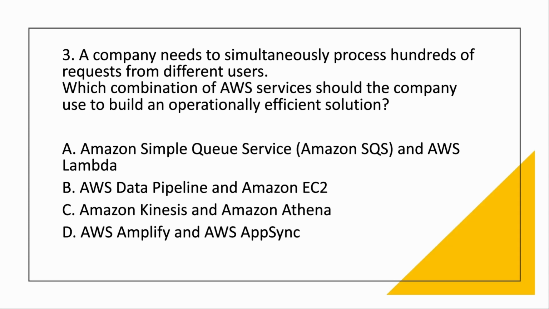We have Simple Queue Service, which distributes requests. The best combination of these services would be SQS and Lambda. Data Pipeline and EC2, no. Kinesis and Athena, no. Amplify and AppSync.